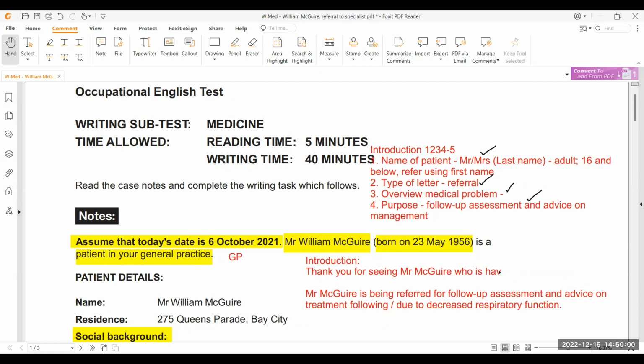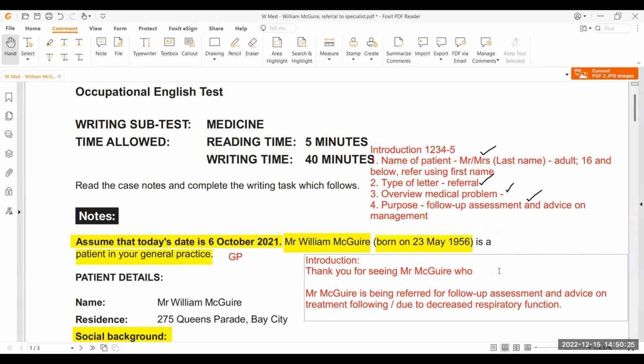Reduced, yes, "reduced." Okay. So who has been diagnosed. Would "diagnosed" be right? It's not a condition yet, it's not a diagnosis. We are describing what happened, but not a diagnosis.